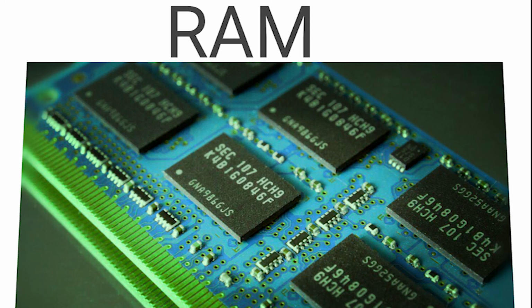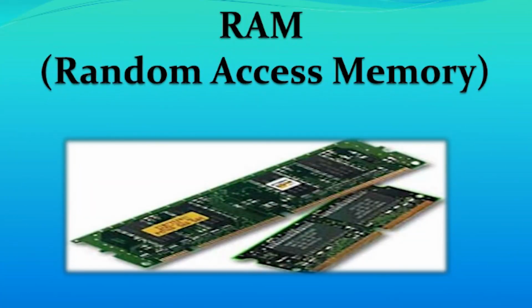The CPU can access data from RAM only till the time the computer is switched on. As soon as the power to the computer is switched off, the stored data and instructions disappear from RAM. This kind of memory that loses its contents when the power is turned off is also known as volatile memory.